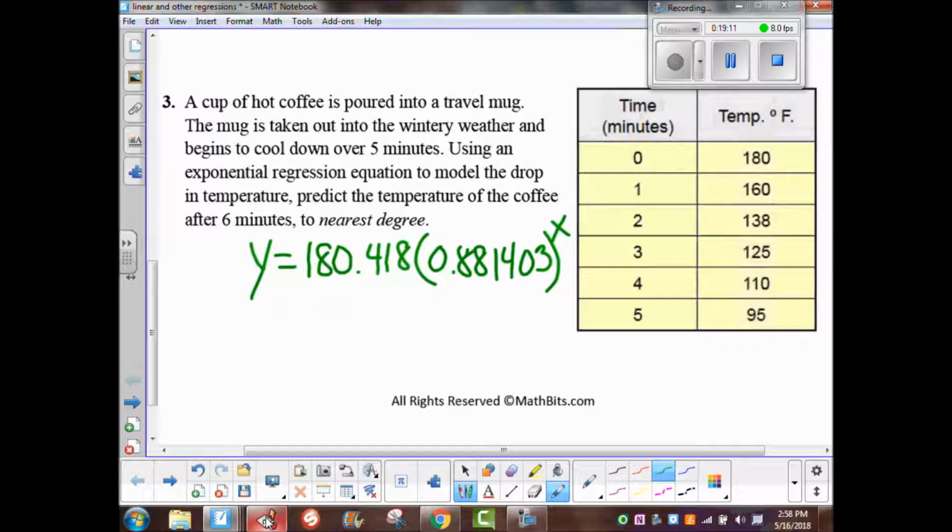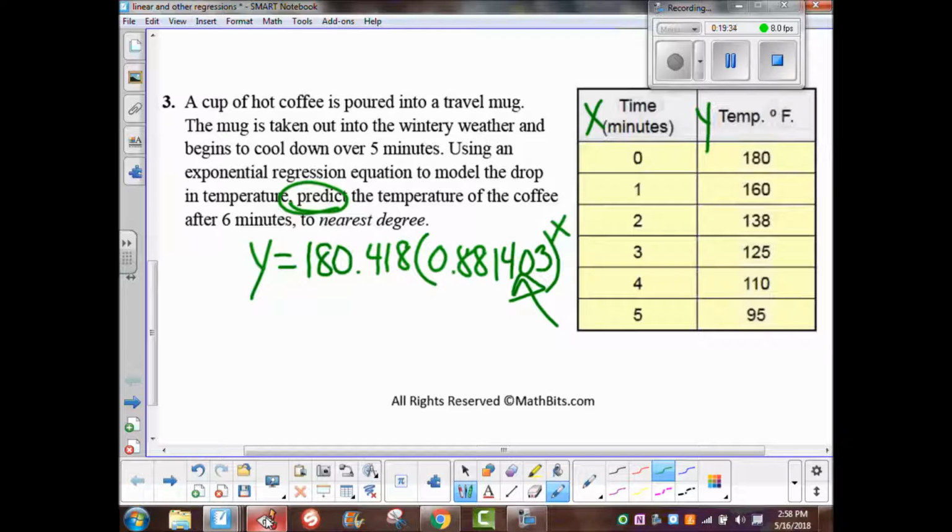All right. So now, this is our time in minutes. So that was our x, and then our temperature was our y. So it says predict. This is our predictor. Our equation is our predictor. So it says the temperature of the coffee after 6 minutes. So what am I going to do with the 6? Plug it in for the x.